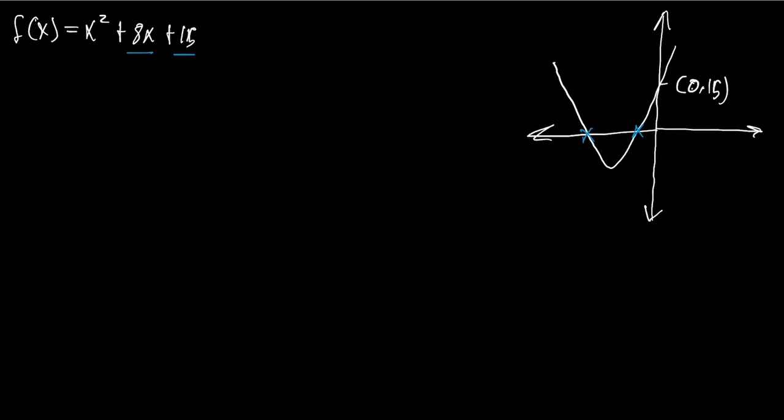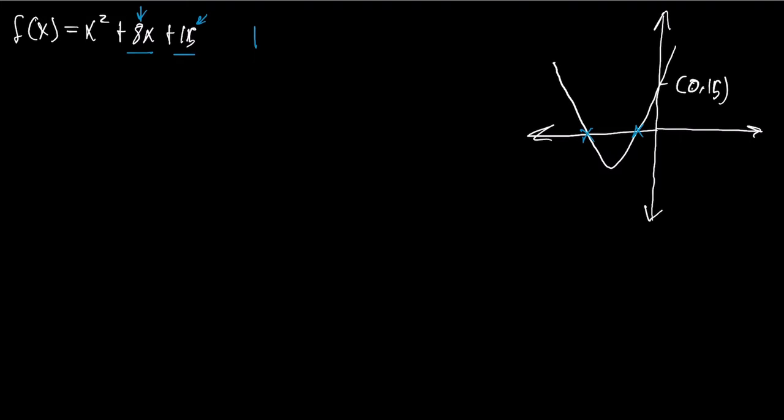When solving a quadratic, you always need to think: what two numbers will multiply to give me 15 and add up to give me 8? So let's attempt to find them.